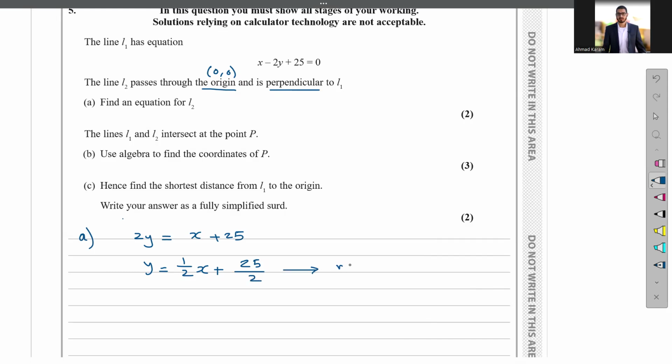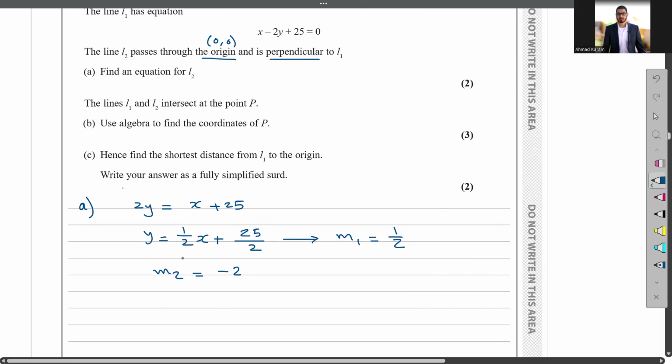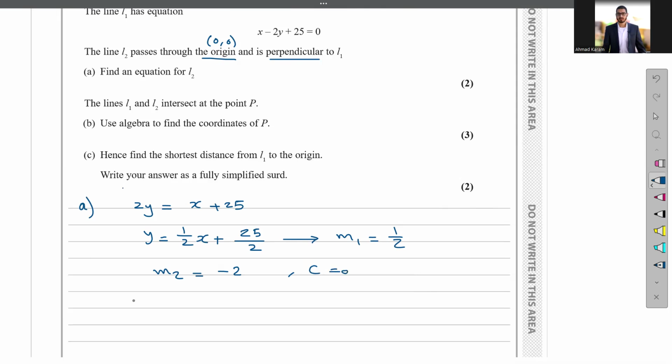So we can say that the gradient of L1 is half. So the gradient of L2 is negative 2, negative the reciprocal. Then it's passing through 0 and 0, so that means that the y-intercept is 0. So for L2, the equation of the line will be y equals negative 2x.